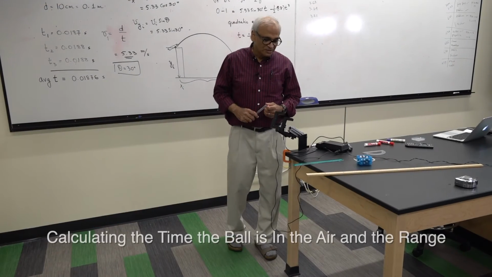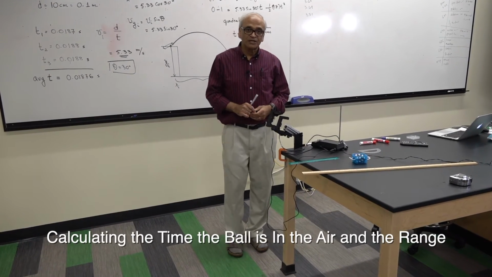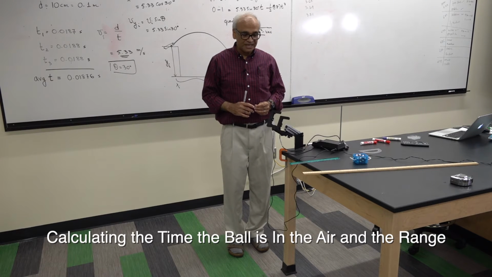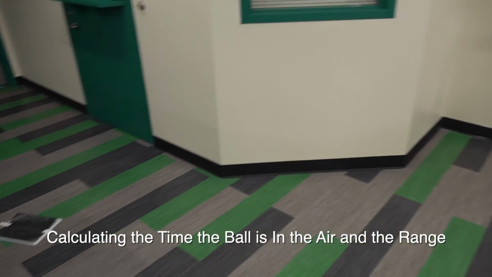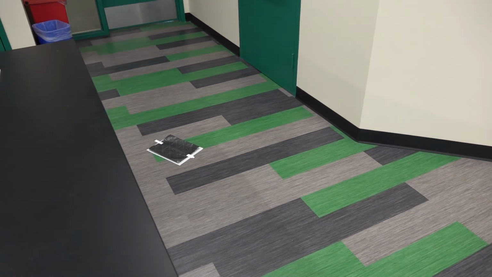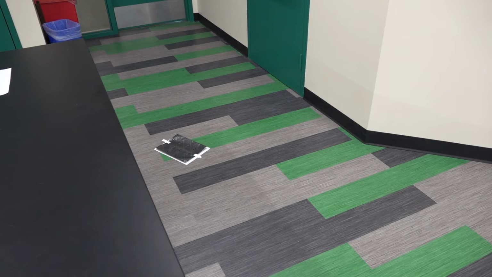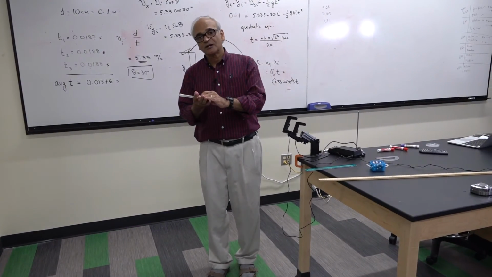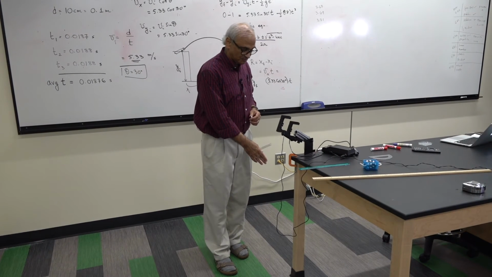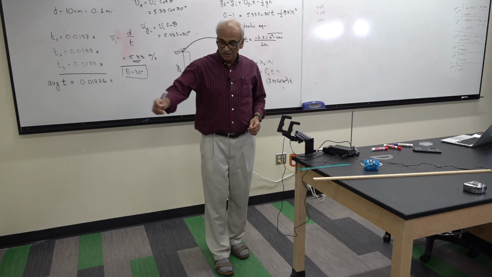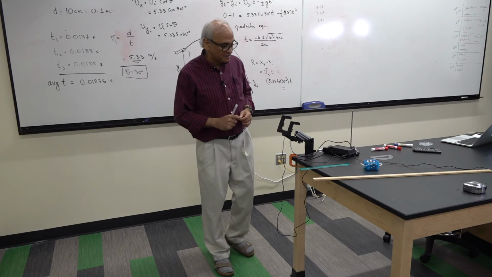All right, now we are going to actually shoot the cannonball and look where it lands. We have a carbon paper on the floor, and the carbon paper is right on top of a regular paper, so that when the ball lands on the carbon paper, it makes an imprint. And we can measure the distance from here to where that imprint is, right?